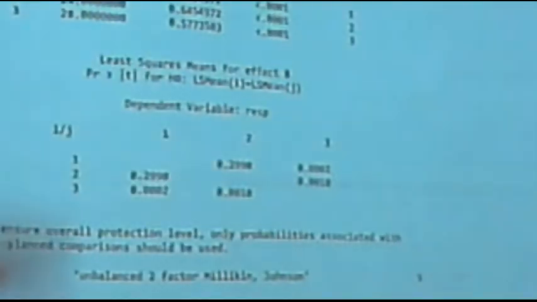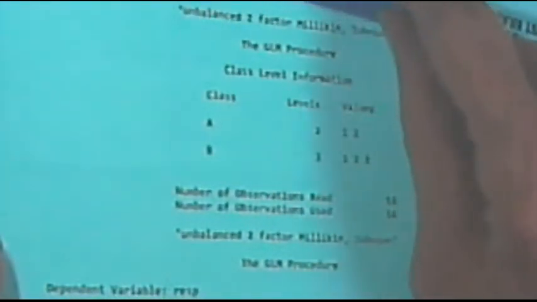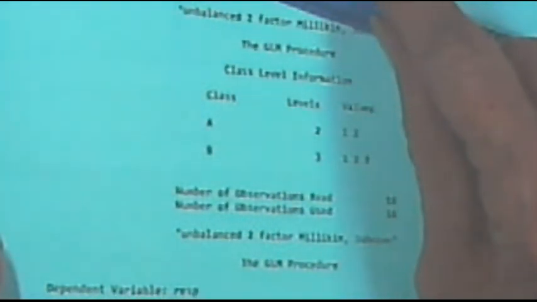What else does SAS give us? Well, I had asked for some other stuff. What did I ask for? Oh, here it is, right here, on page 6. The GLM model: least squares means on A, least squares means on B, least squares means on AB.